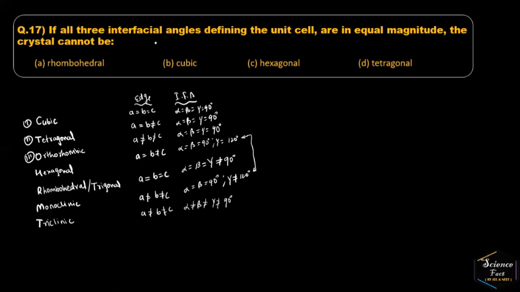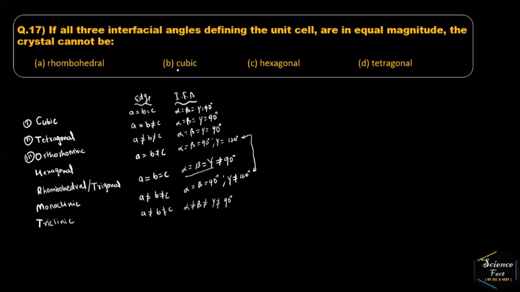So according to this question, if all three interfacial angles defining the unit cell are of equal magnitude, the crystal cannot be. This is based only on interfacial angles. All right. So here, in case of hexagonal, if you see rhombohedral, there are all equal angles.